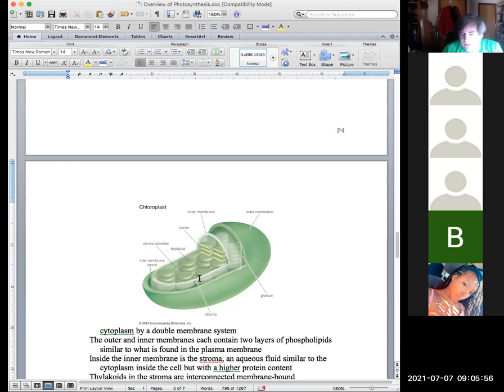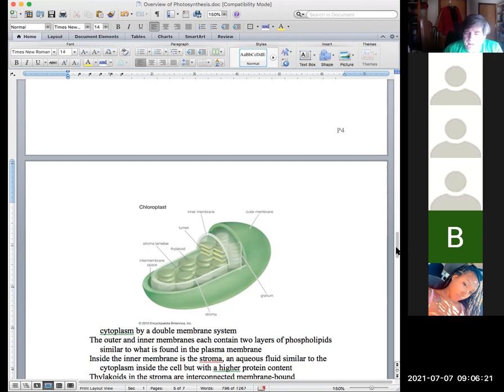Sometimes we see a stack of them, sometimes we see individual thylakoids. They kind of remind me of those little foil covered chocolate coins you get at Easter: the foil around the outside would be the thylakoid membrane, the chocolate on the inside.